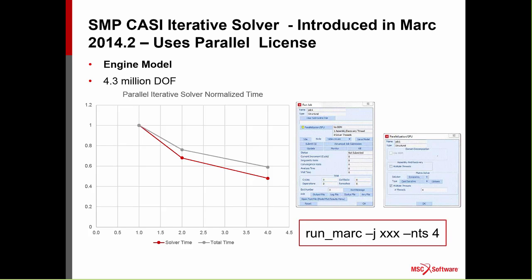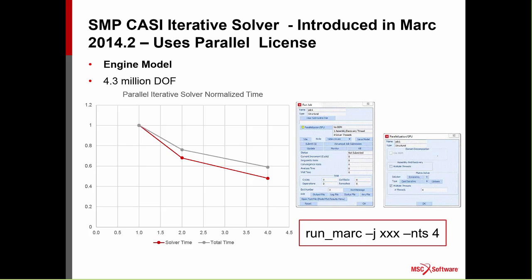As I mentioned, calendar year 2015 was a very big year in terms of releases. We had released the Marc 2014.1 release, which was predominantly defect corrections. We also introduced the Marc 2014.2 release, which had two capabilities.